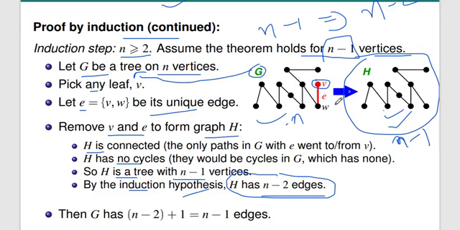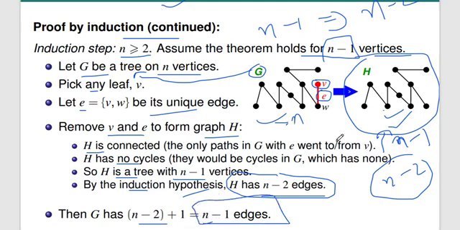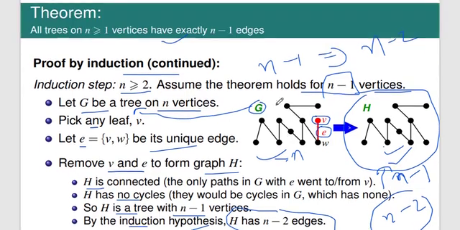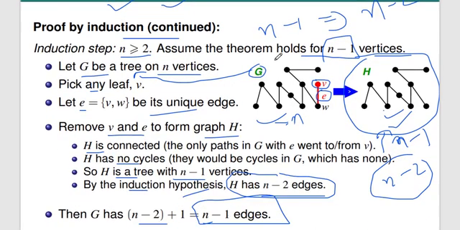Okay, so to make this subgraph, what did we do? We removed one edge. So to count the edges of G, we have to add one edge. Yes, so we now have n minus 1 edges, which means our theorem is true.